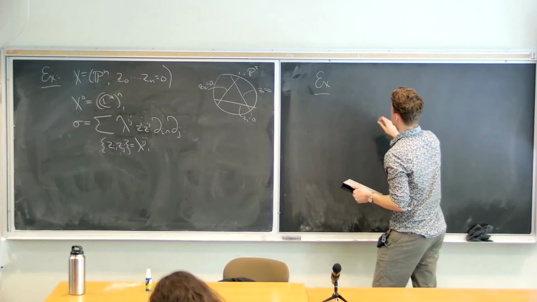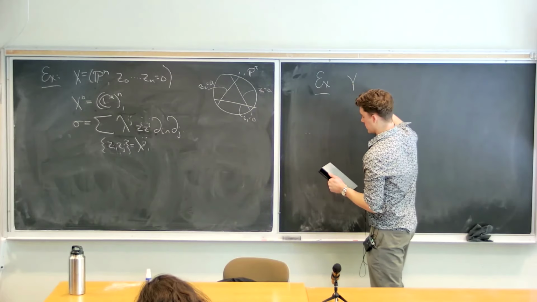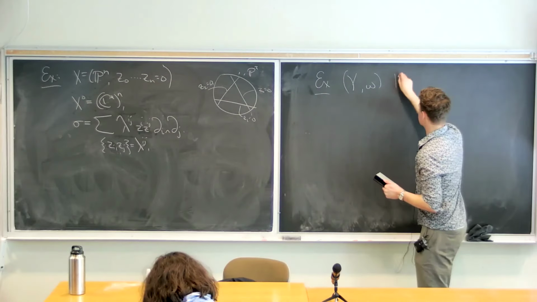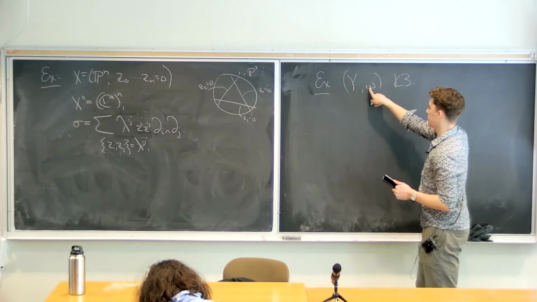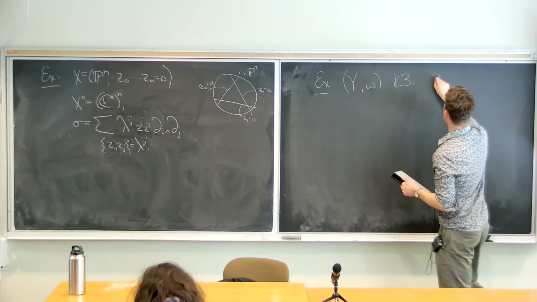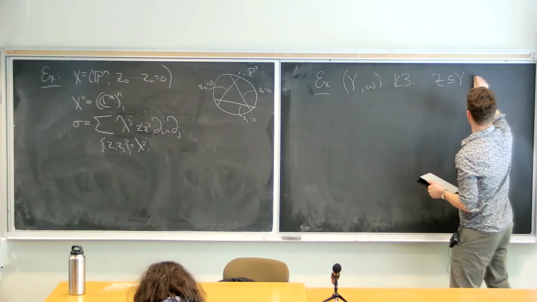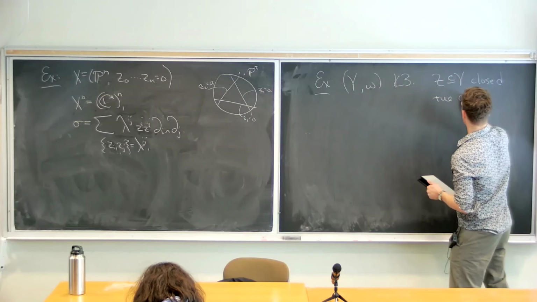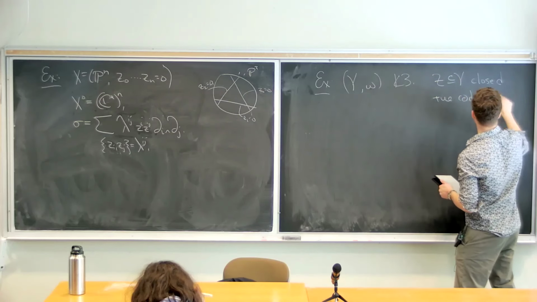Okay, so something where this doesn't work is if I have Y, a K3 surface, and this is its holomorphic symplectic form. And let this be some closed positive codimension subvariety.